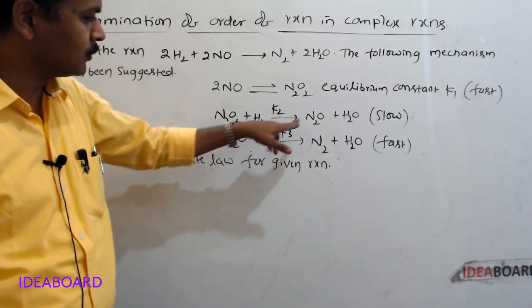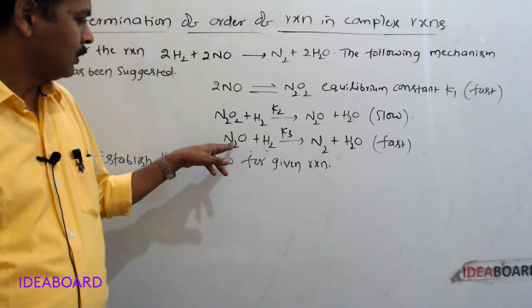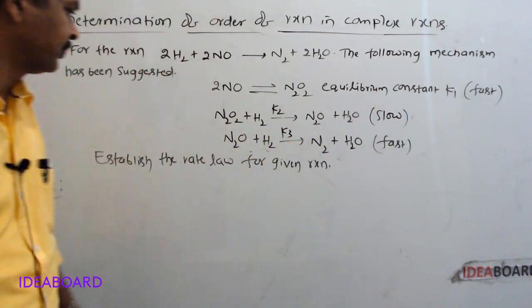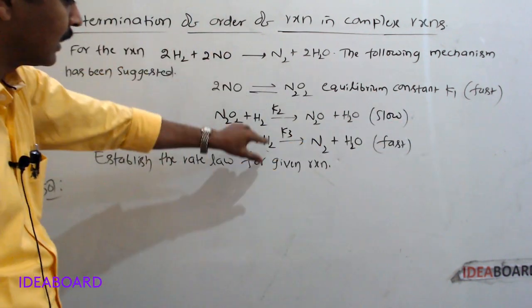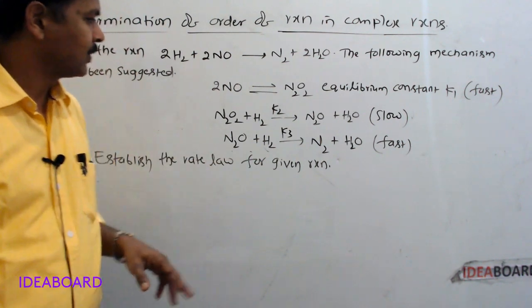N2O2 plus H2 gives N2O plus H2O, a slow reaction. N2O plus H2 gives N2 plus H2O, a fast reaction. By using this reaction mechanism, we should establish the rate law or rate equation.